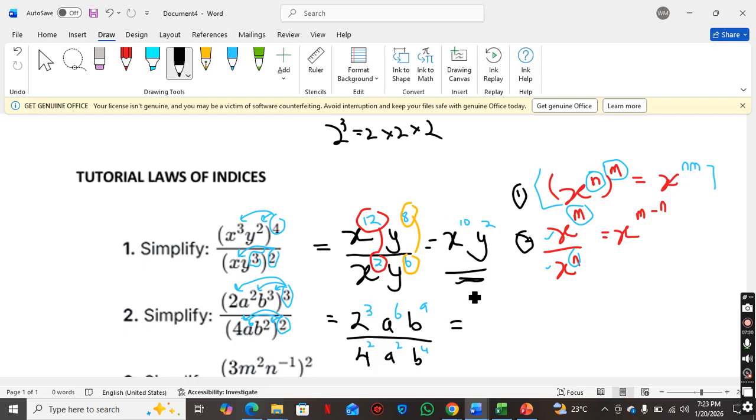That gives us 8. 8 a to the power 6, b to the power 9. Then in the denominator, 4 to the power 2, or 4 squared, that gives us 16 over a squared and b to the power 4.